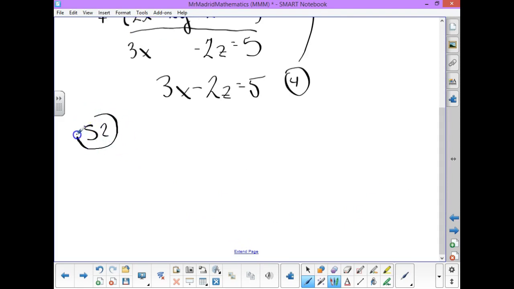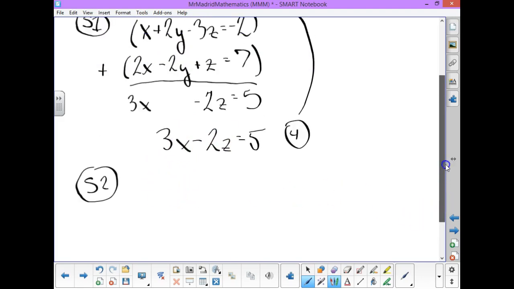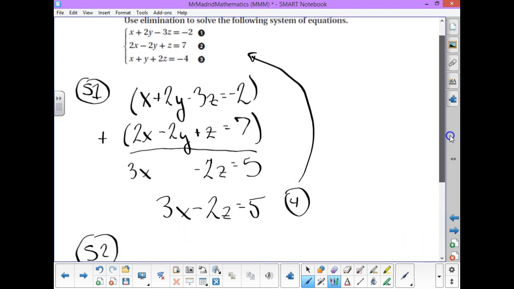We'll call this step 2. We've got to do something similar and get another smaller equation. So now let's go ahead and take 1 and 3. Okay.